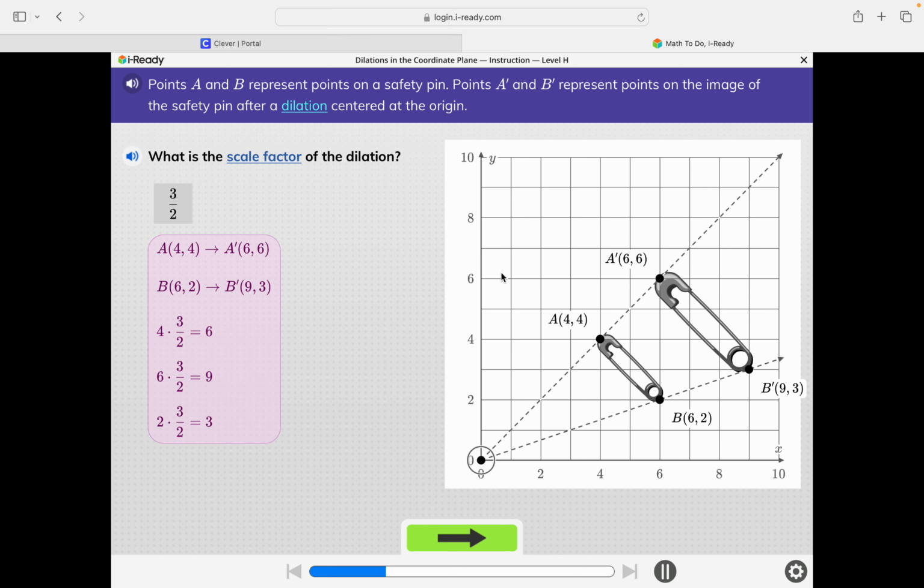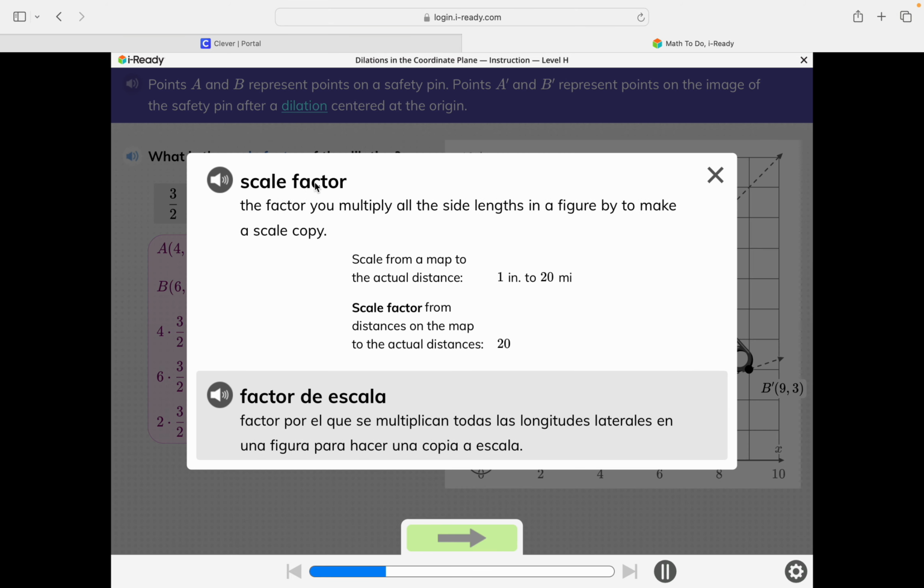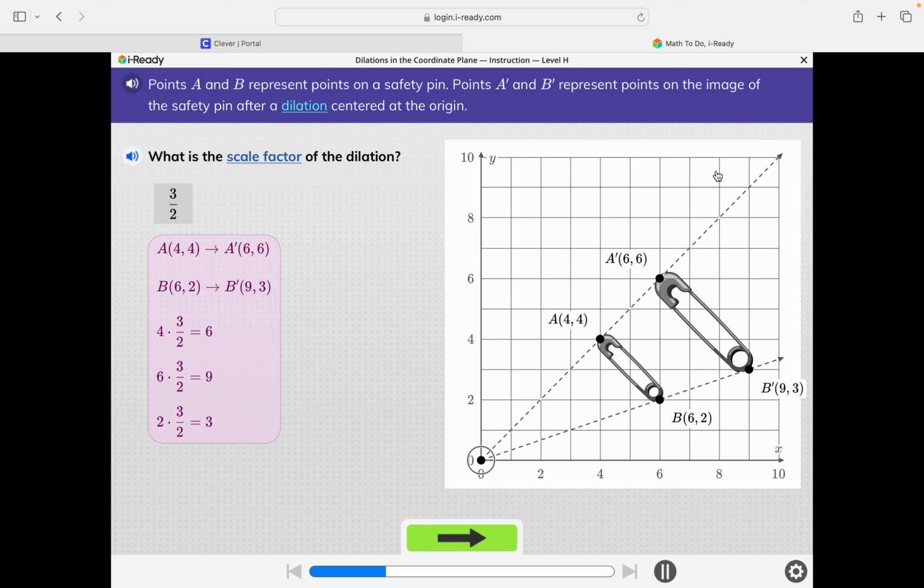What is the scale factor of the dilation? We know scale factor: the factor you multiply all the side lengths in a figure by to make a scale copy. Okay, so can you cross that? 3, 2, or whatever.